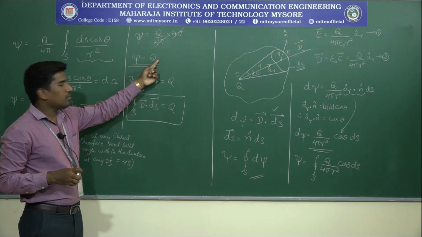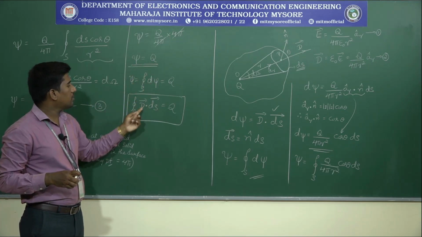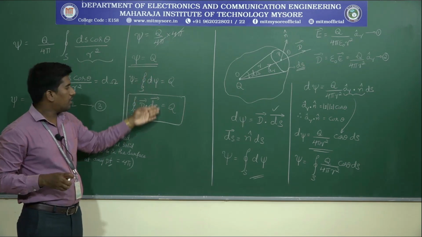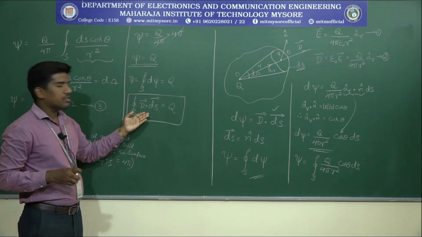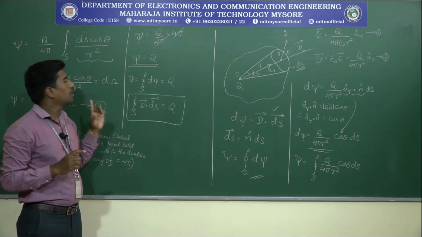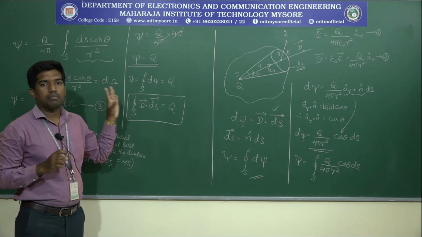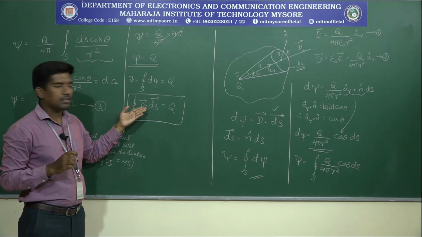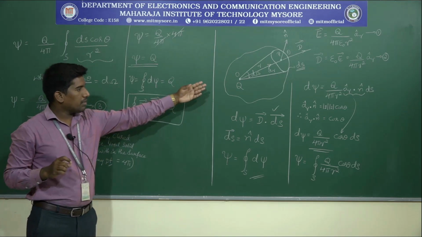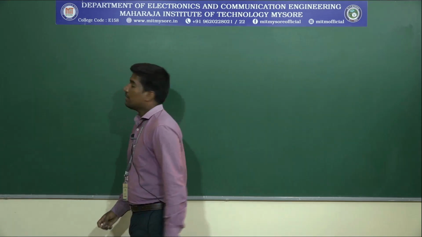See, psi is equal to q, which we have got. What is psi? Surface integral of d psi. D psi means d dot ds. Therefore, surface integral of d dot ds is equal to q. After deducing all these equations, we have obtained the required form of Gauss law. So you need to remember, electric flux density is also equivalent to electrical displacement, which is given by Gauss law. Gauss law is mathematically written in this form. So this is the mathematical arrangement for that. Understood?